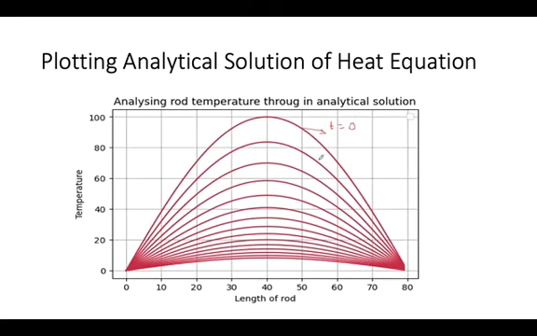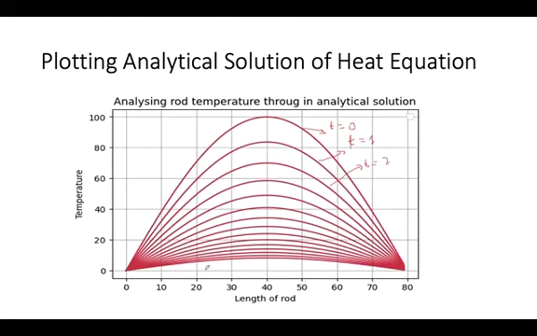If 1 second has passed, t is equal to 1 here, and as another second passes, t is equal to 2 here, and so on. So the temperature goes down as time increases.